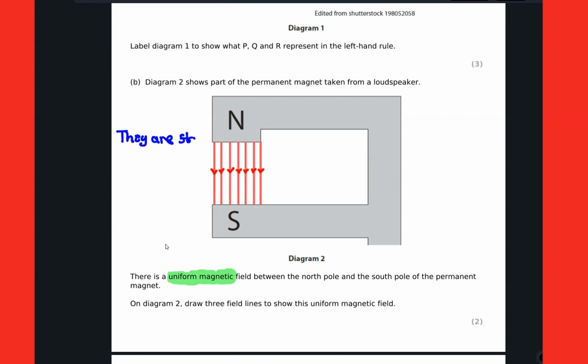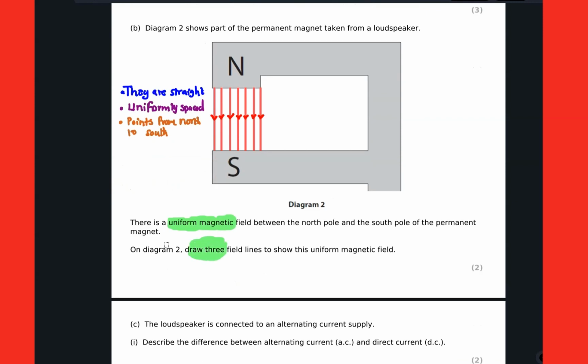The field lines are straight and uniformly spaced, and you have to ensure that when you're drawing them, they point from the north towards the south. Those are the conditions that you ought to follow when drawing uniform magnetic fields. In this question, we are supposed to draw 3 of them, and this is what you are supposed to have as your final answer.